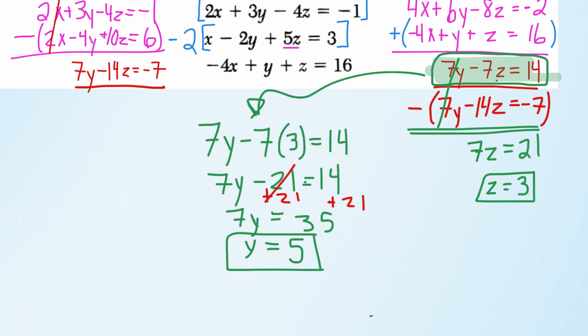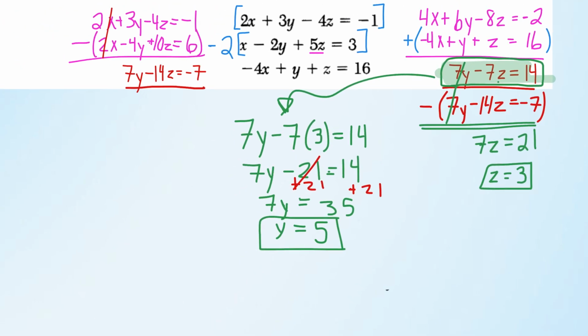Now to figure out our x value, we can pick any one of those three equations, replace y with 5, z with 3, and solve for x. Let's go ahead and get started. I'm going to pick this middle term just because x doesn't have a coefficient in front of it, so it should be easier to solve.